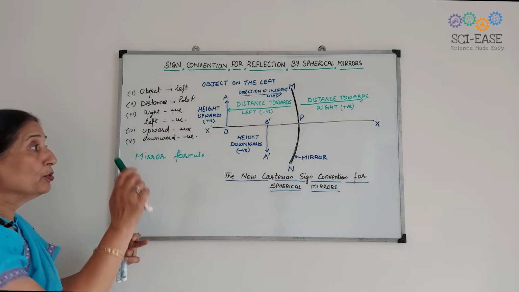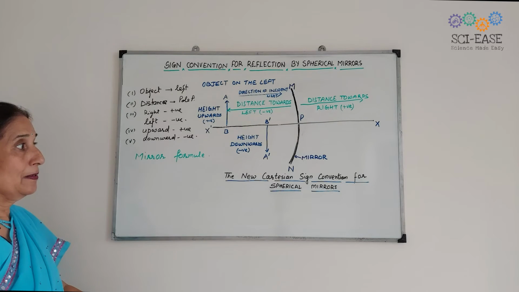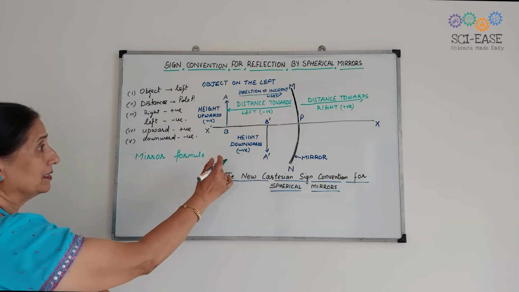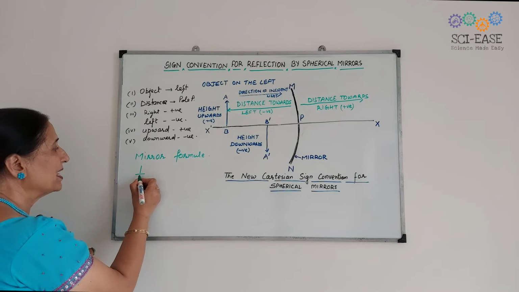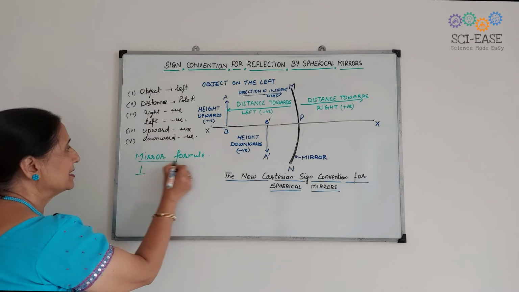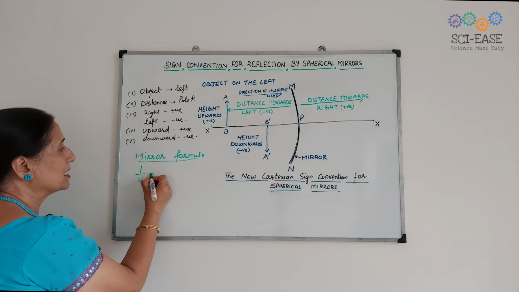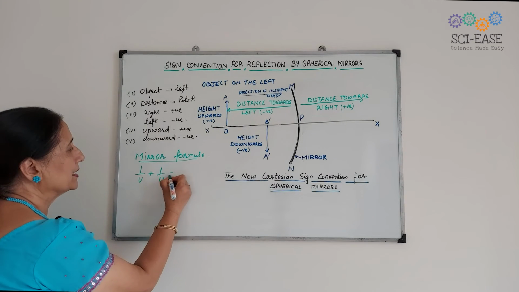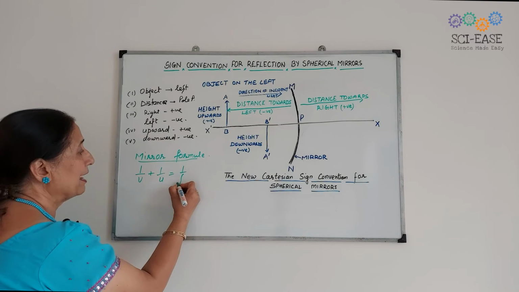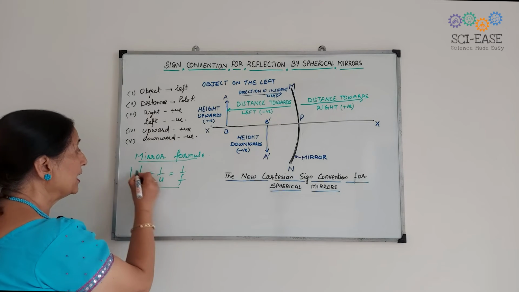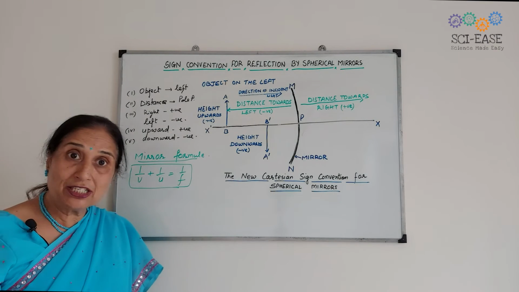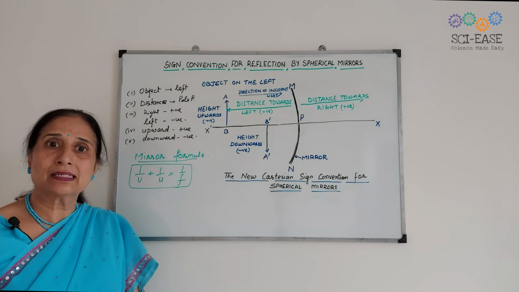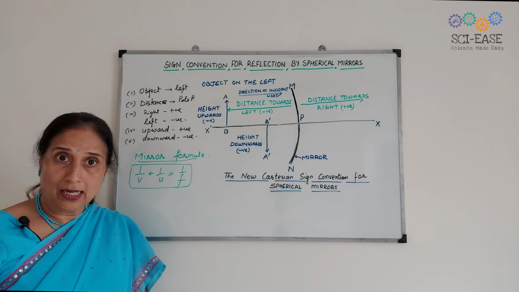By using these and knowing the sign convention, we deduce the mirror formula: 1/v + 1/u = 1/f. It is very, very important, and on the basis of this, many numericals are asked.